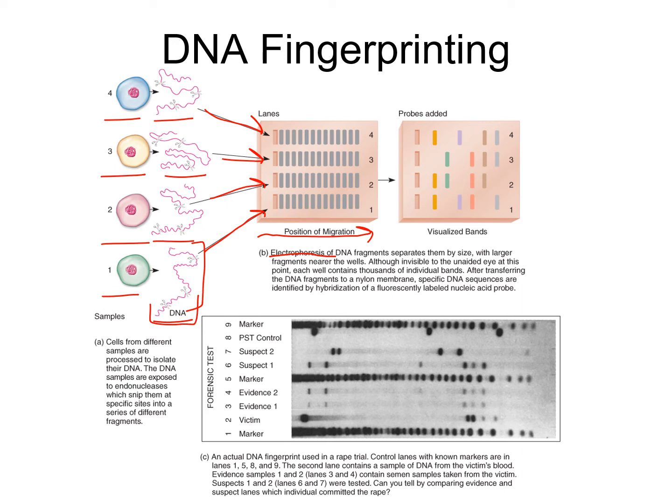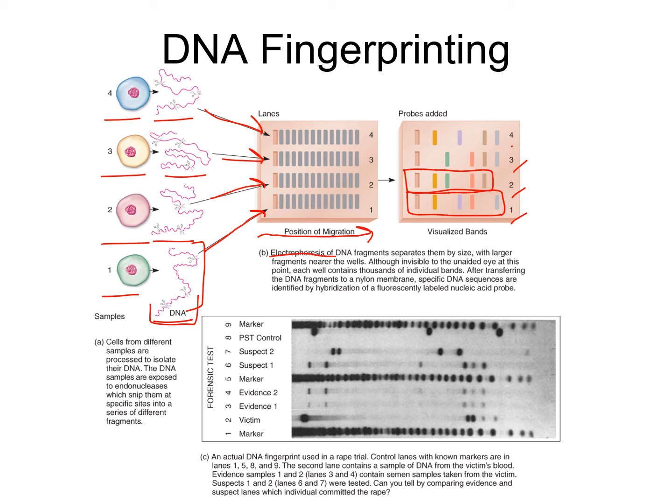In your DNA fingerprints, this is the banding pattern for individual 1, for instance. This is the banding pattern for individual 2. And every individual should have a unique banding pattern. The banding pattern is their fingerprint.